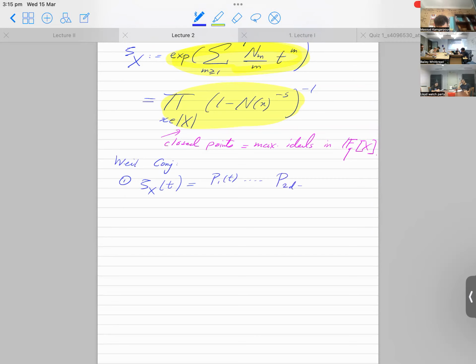So these are polynomials. And for historical reasons, we name them like these, P_0 to P_2d. Well, maybe not just for historical reasons, but that's the right way. So these are polynomials.